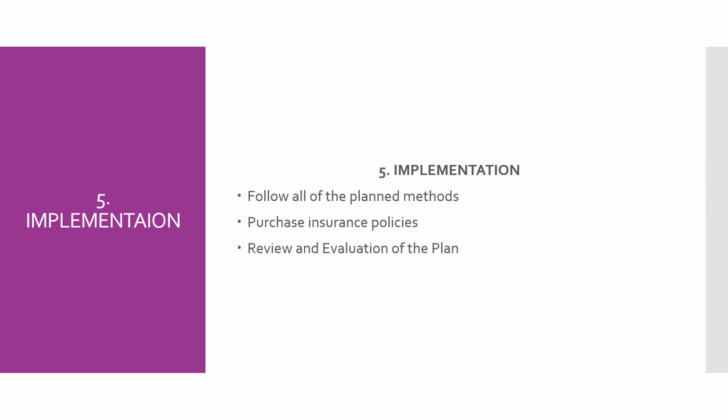The last step, or the final stage, in the risk management process is implementation of those plans. After creating that risk management plan, you have to implement it. In case of implementation, the person needs to follow all the planned methods that have been put up for mitigating the effect of the risk.